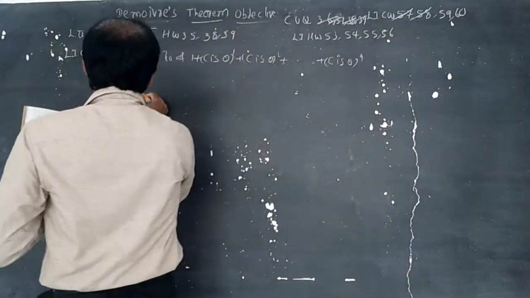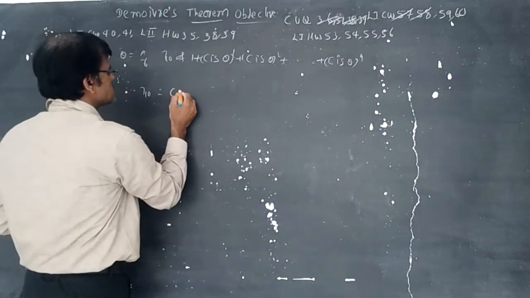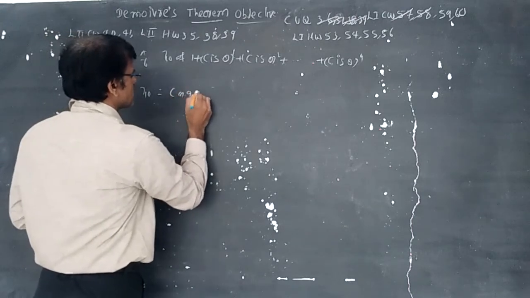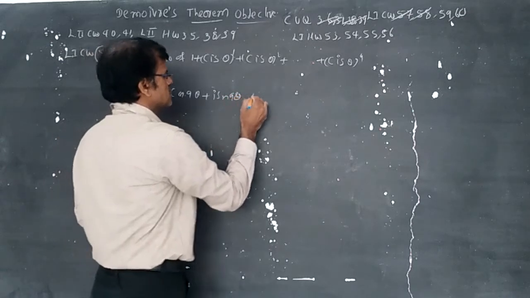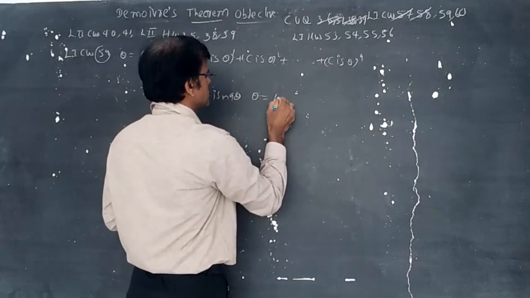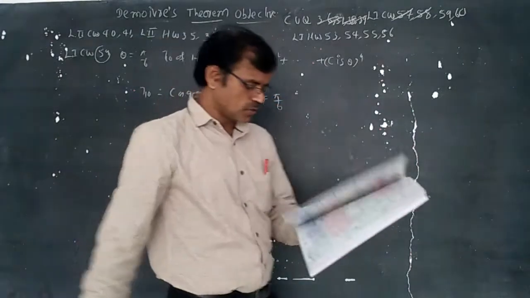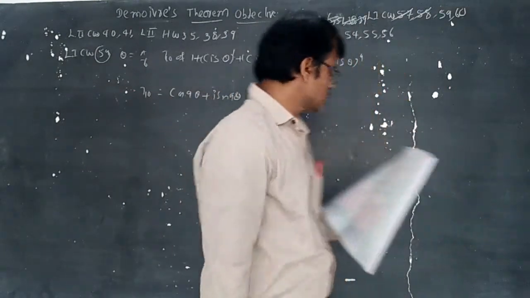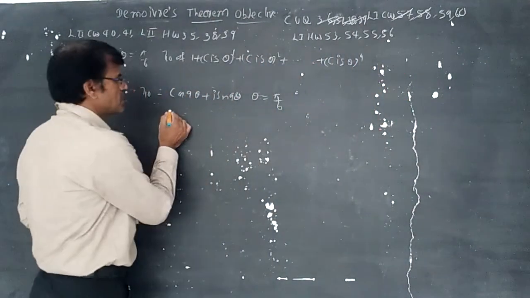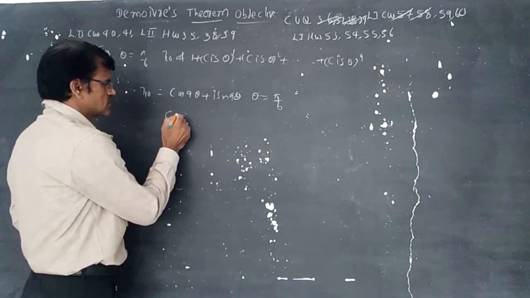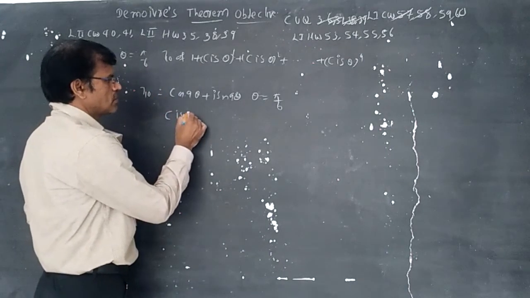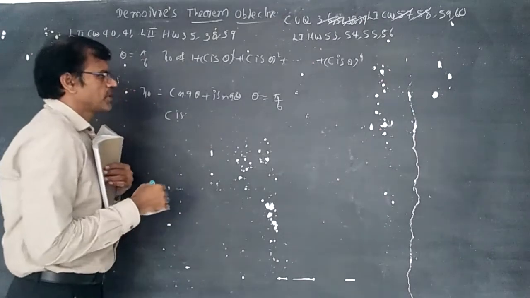So T10 is equal to cos 9 theta plus i sin 9 theta, where theta is equal to pi by 6 given. So substitute here 9 pi by 6. 9 pi by 6 means if you cancel by 3, 3 pi by 2.